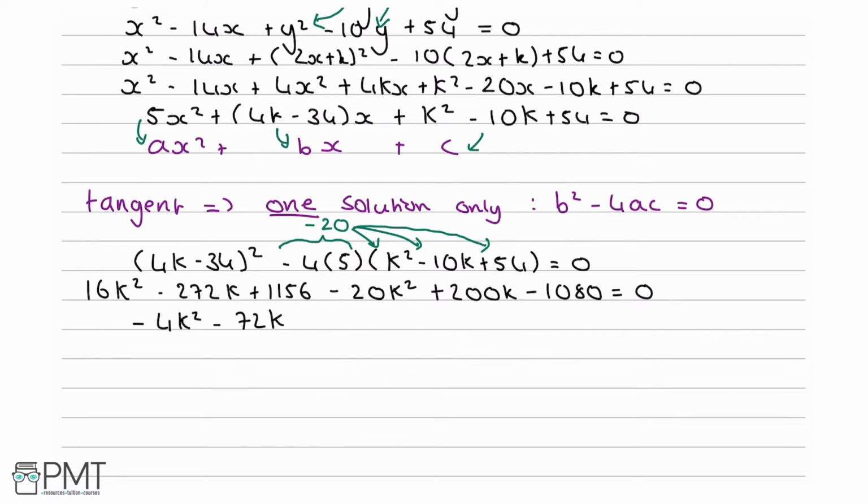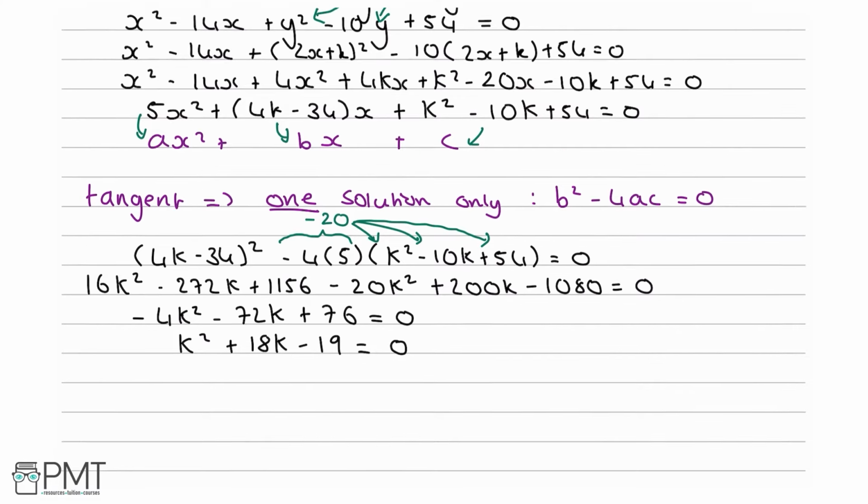That gets us positive 76, which equals 0. Now I'm going to divide both sides by minus 4. So we're going to get k squared, and minus 72 divided by minus 4 is plus 18k. And then 76 divided by minus 4 is minus 19, which equals 0.